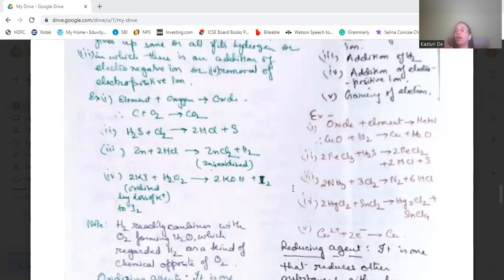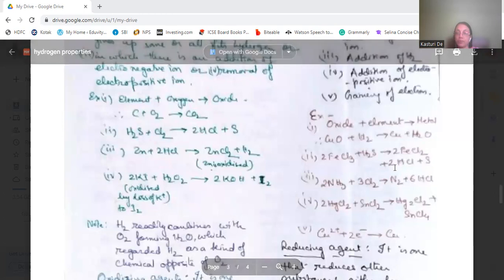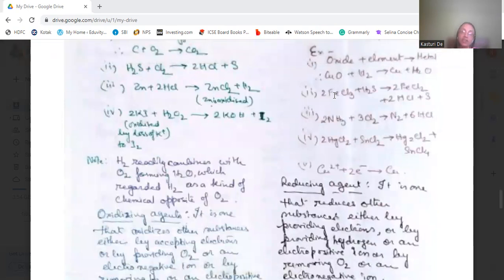So the ferric chloride is reduced to ferrous chloride, and HCl and sulfur are formed. Sulfur is being oxidized, and chlorine here is being reduced. So simultaneously, oxidation and reduction reactions are taking place.